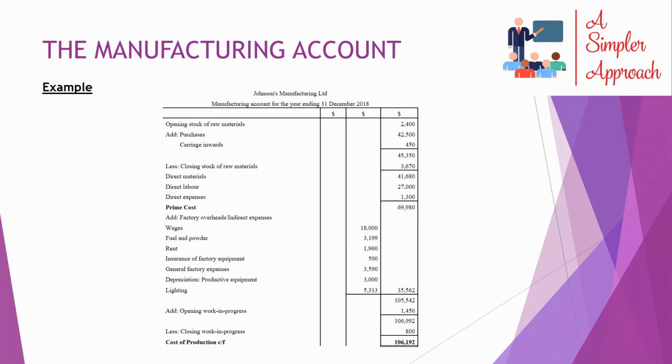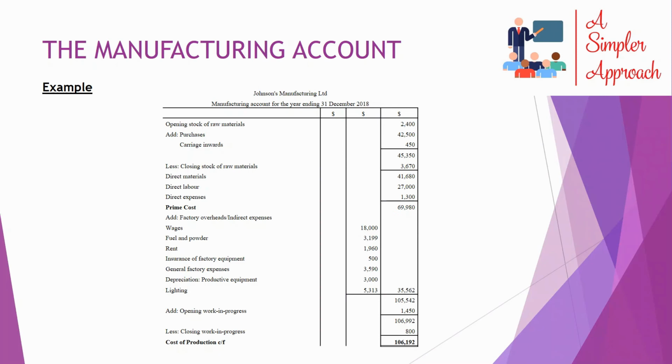Okay? Add direct material, direct labor, and direct expense, and you get a prime cost of 69,980. Okay? Then to prime cost, you add all factory overheads: wages, fuel and power, rent, insurance of factory equipment, general factory expenses, and depreciation. And remember, you would use the information in the footnote to aid your calculation.